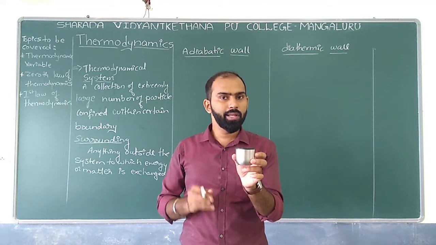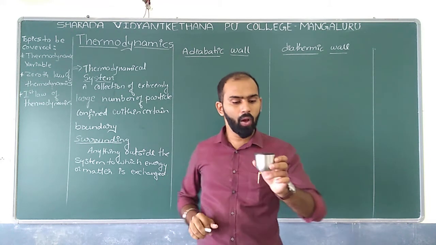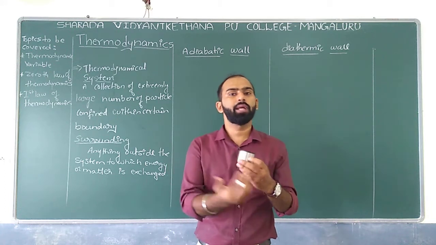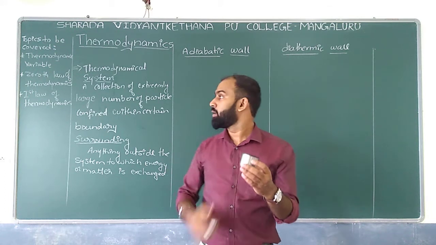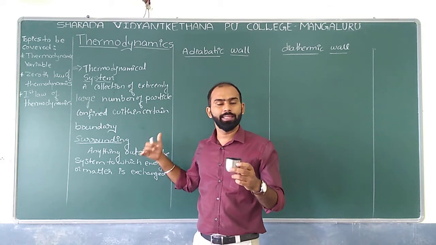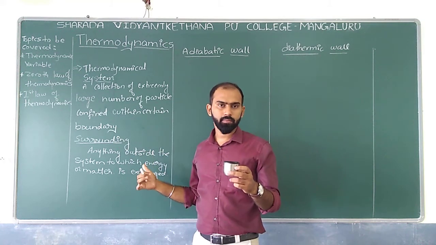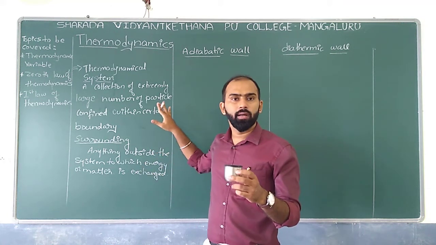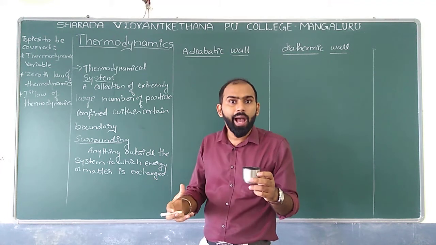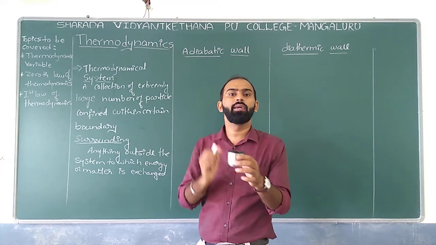Obviously, the water, correct? Now, don't you think this water will take the shape of the container? Yes. Now go through the definition on the board for the thermodynamical system. It is a collection of extremely large number of particles confined within a certain boundary.